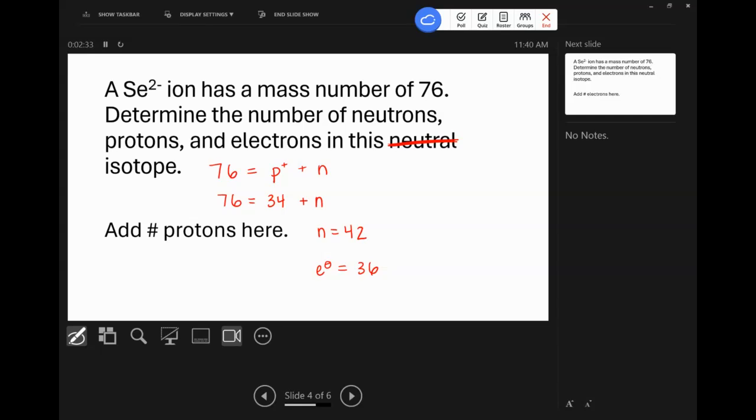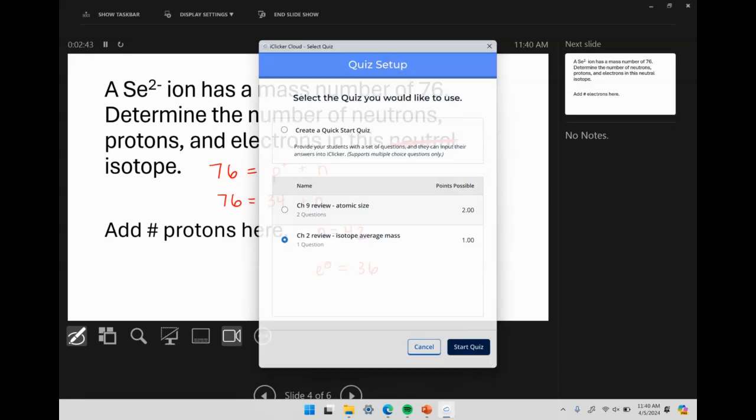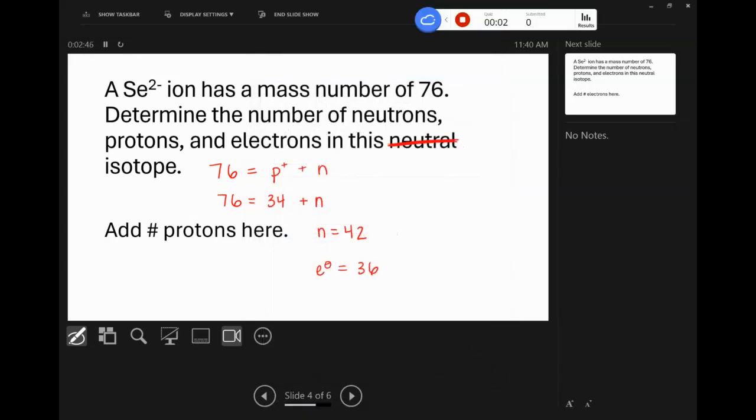Okay, I've got 2 more review questions for you. The first one is just one question, so I'll put this on the board in a minute. You have 2 isotopes of chlorine with different percent abundance.